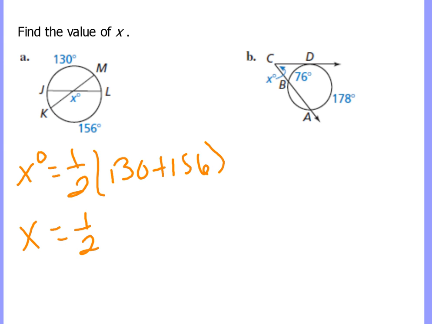So 1/2 of, let's see here, that is what, 286? 286, and then X will equal 143 degrees in the end. All right, so that's kind of the focus here of our inside angles, when we're dealing with inside angles specifically.